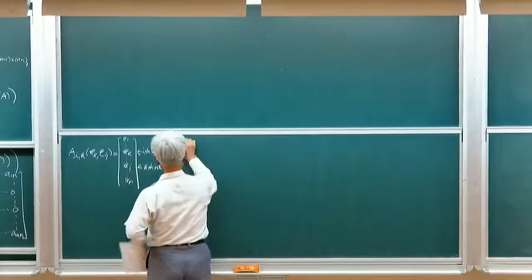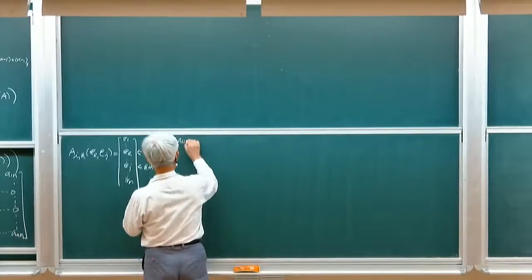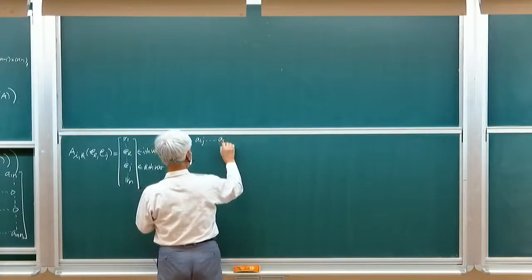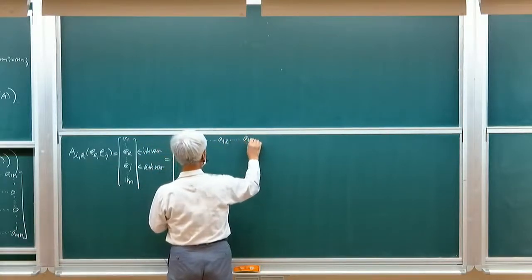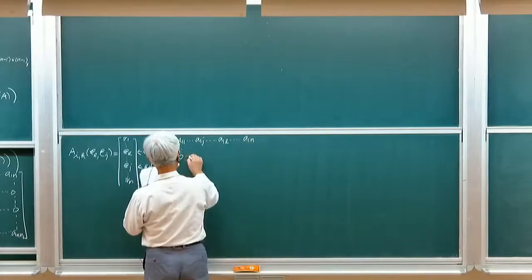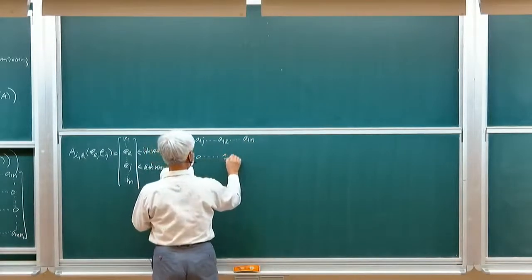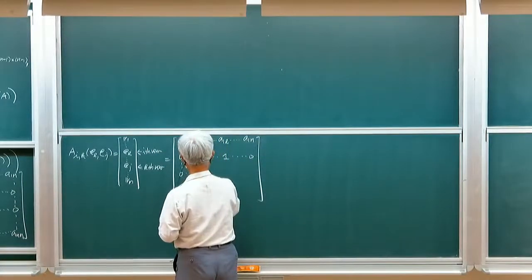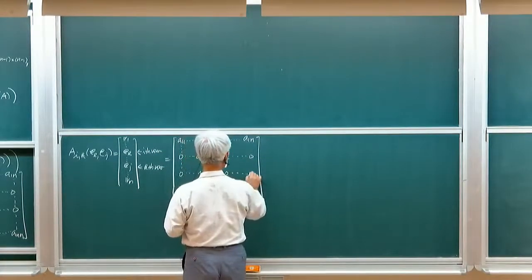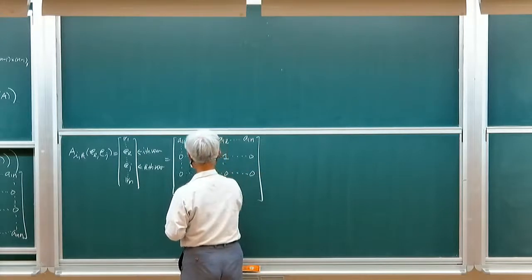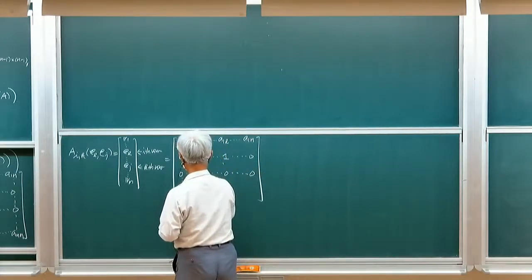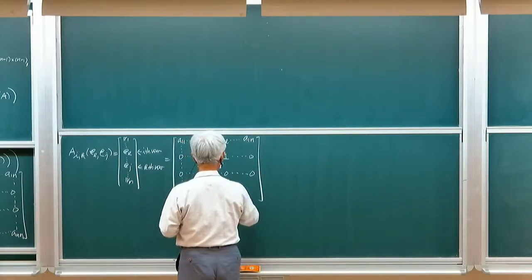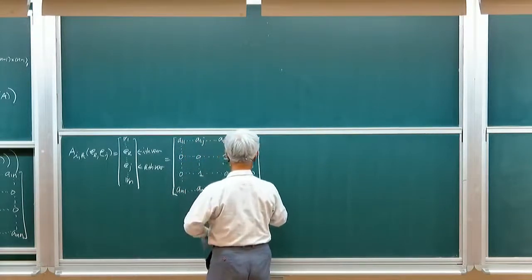So the matrix we have is A11, A1j, A1l, A1n, 0, 1, 0, 0, 1, 0, An1, Anj, Anl, Ann.